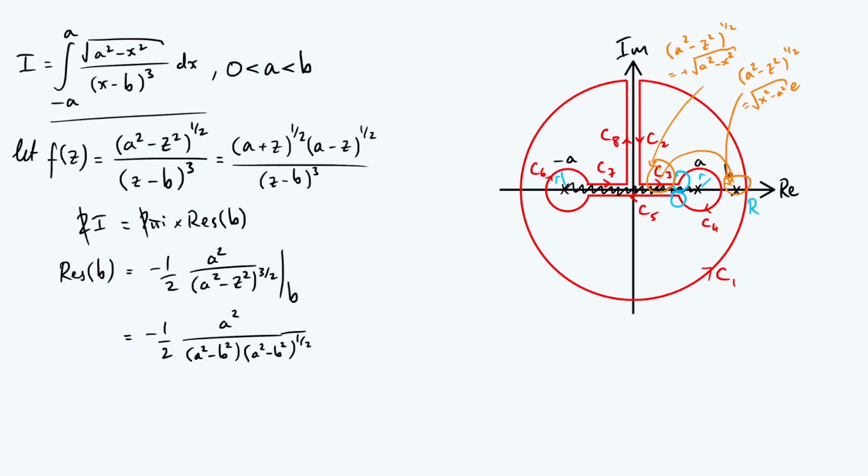z plus a is not going to pick up any additional phase factor because you're not circling around z equals minus a, and so we get an extra phase factor of e to the minus i pi, but then that whole thing is square rooted, and e to the minus i pi over 2 is minus i, so that is minus i times the square root of x squared minus a squared.